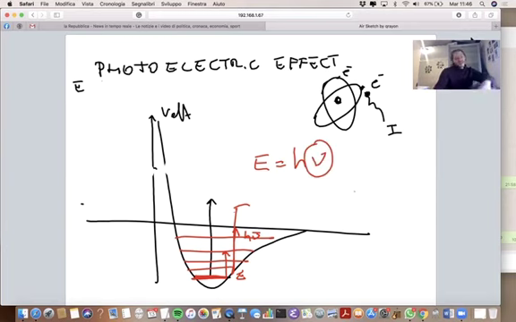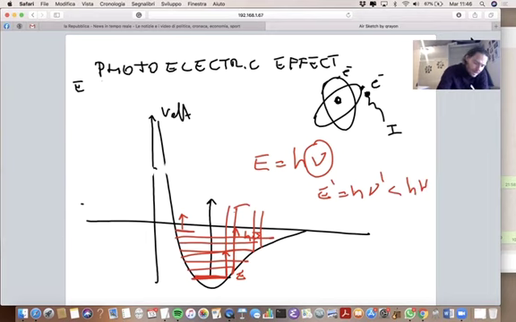So you see, if the electron was allowed to have any energy here, then with any frequency I could kick out some electrons, because I would keep, with a small energy, say E' equals h nu' smaller than h nu, that's my new energy.